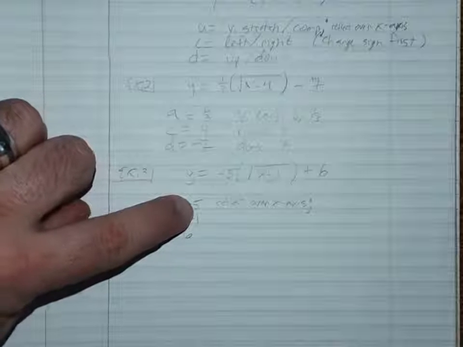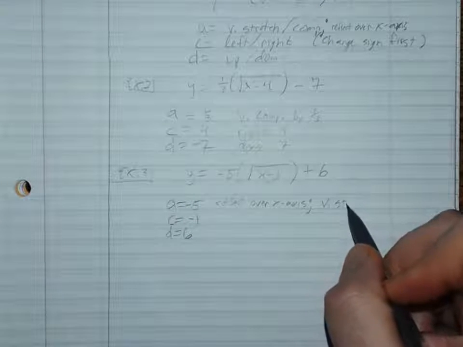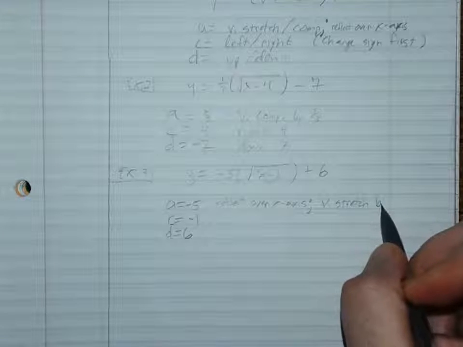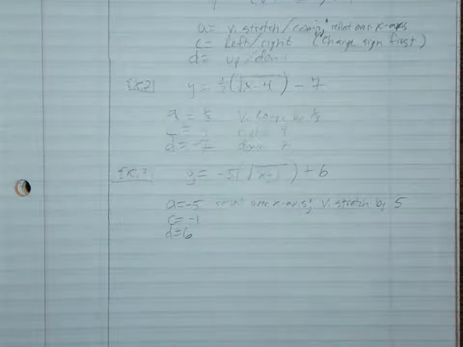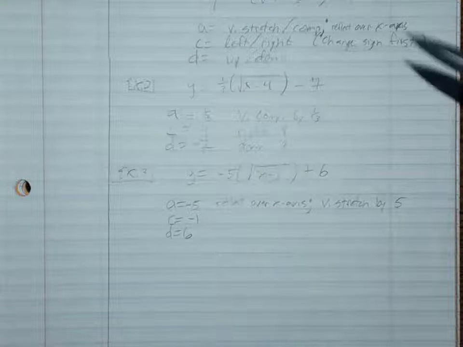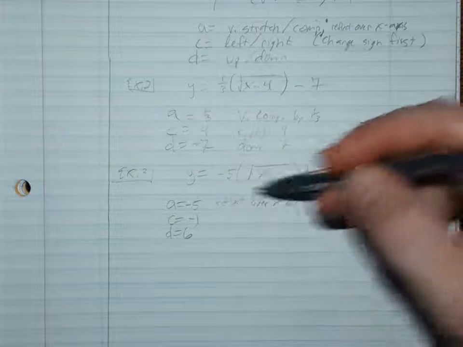So I'm looking at 5. 5 is bigger than 1. That makes this a vertical stretch by 5. Whether A is 5 or -5, it's still a vertical stretch by 5. It's just with the negative in front of there, it's also a reflection over the x-axis.